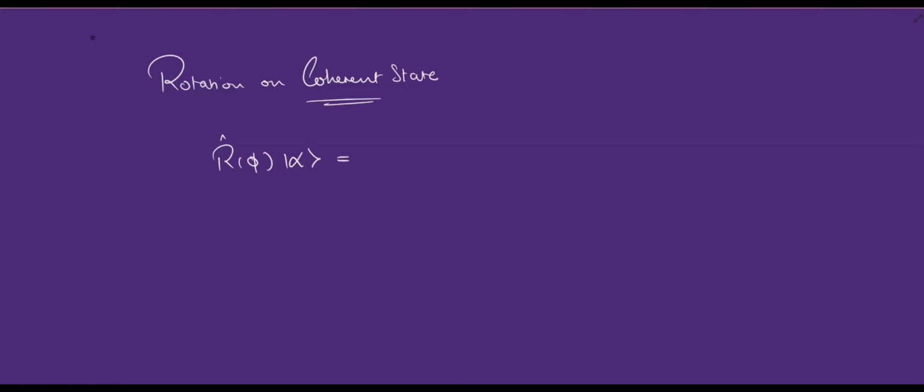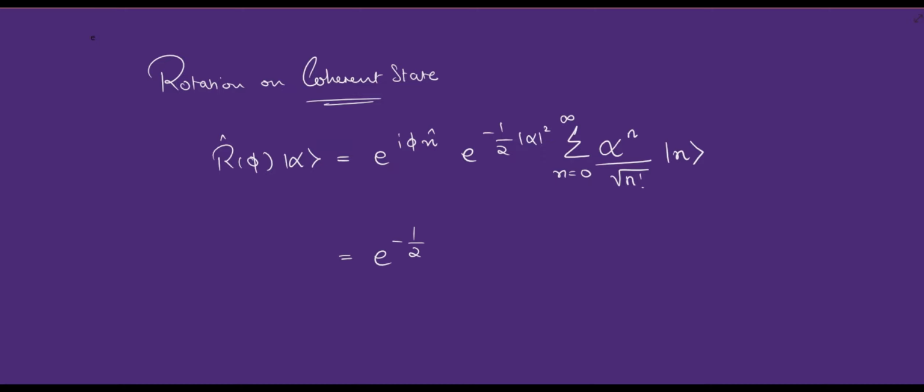For that you will need to write alpha in the Fock basis. So this is e raised to i phi n cap, e raised to minus half mod alpha squared, summation n equal to 0 up to infinity alpha raised to n divided by root of n factorial into ket n.